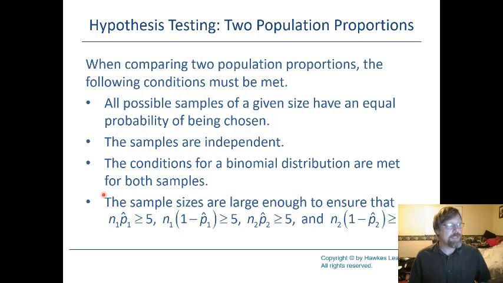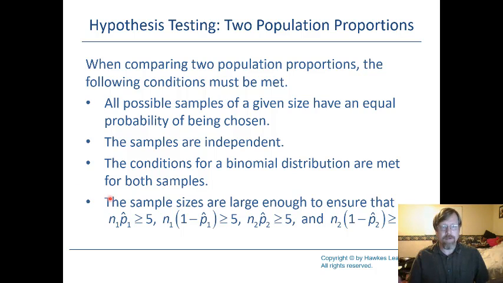We have to have a random sample. The samples need to be independent. Both samples need to meet a binomial distribution, so it needs to be a pass-fail type thing. Agree, disagree, only two possibilities.